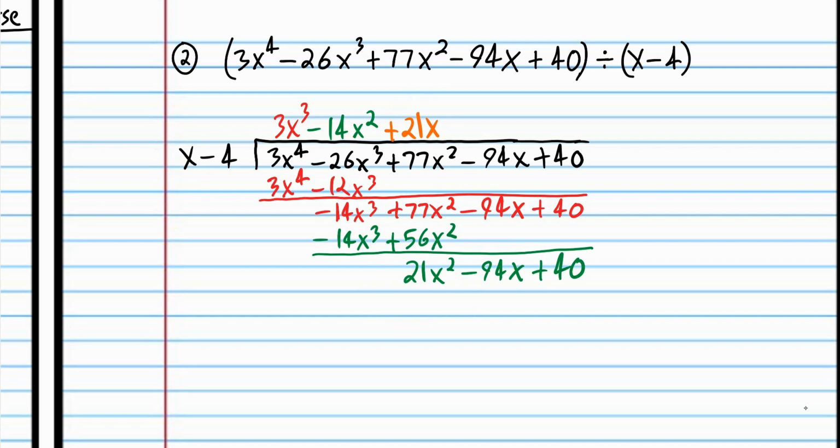That's step number 1 of cycle 3. Step number 2, we're going to multiply the divisor with that number we just wrote. 21x times x is 21x squared. That's what we should have. And 21x times negative 4 is negative 84x.